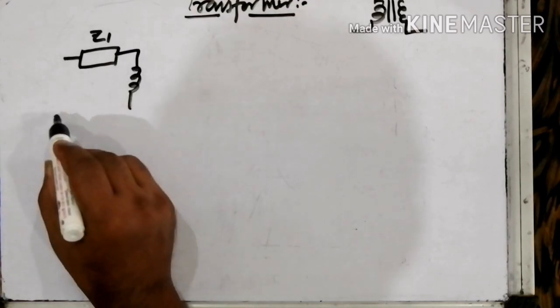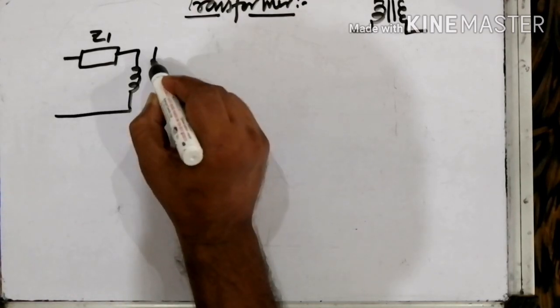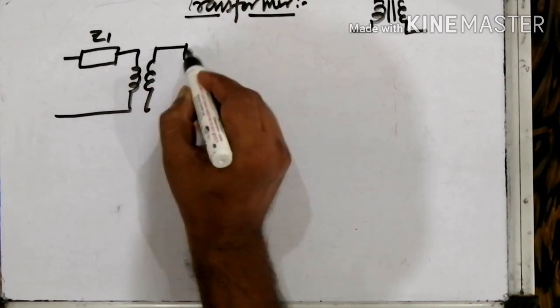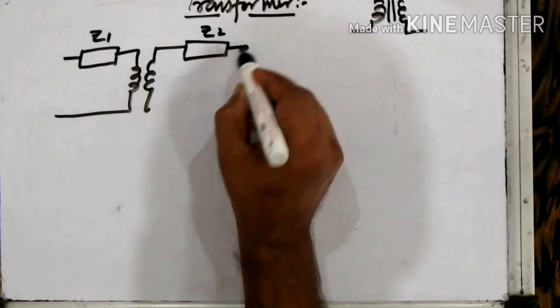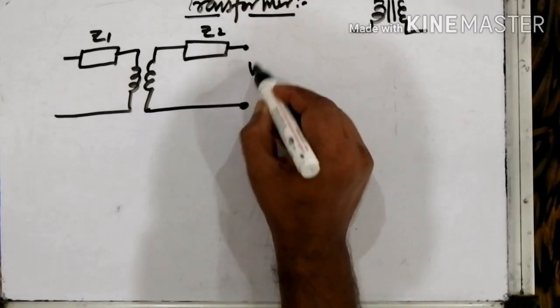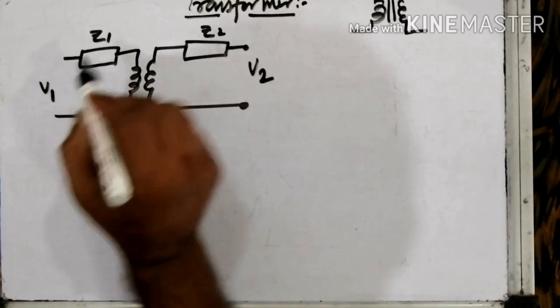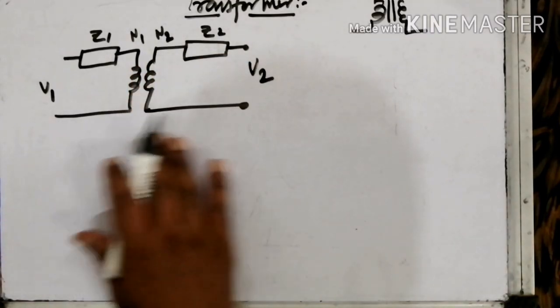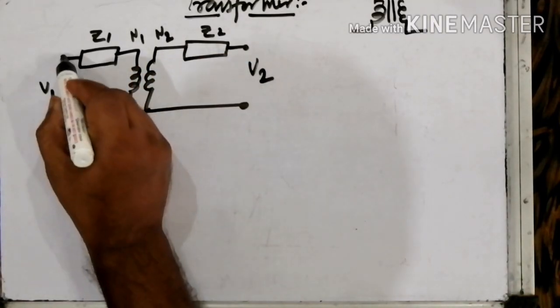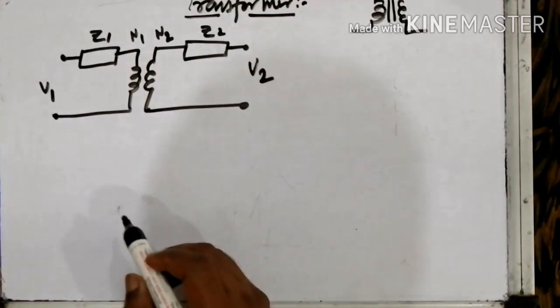This is the first coil. This is another coil and impedance Z2. This one is voltage V2, V1, N1, N2. This is the actual diagram of transformer.